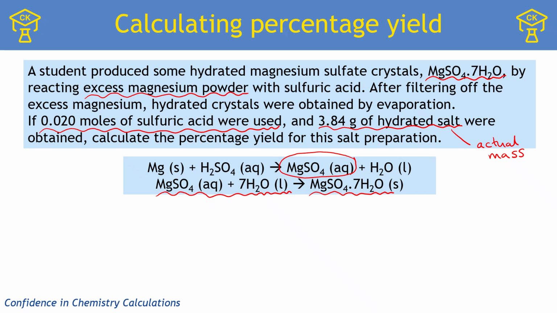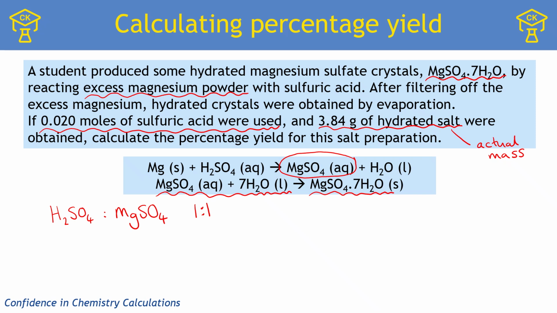So looking at the equation, for magnesium sulfate, it doesn't matter whether it has the waters with it or not for the moment. For the purposes of moles, H2SO4 and the product, magnesium sulfate, are in a ratio of 1:1. So I need 1 mole of sulfuric acid to make 1 mole of magnesium sulfate.